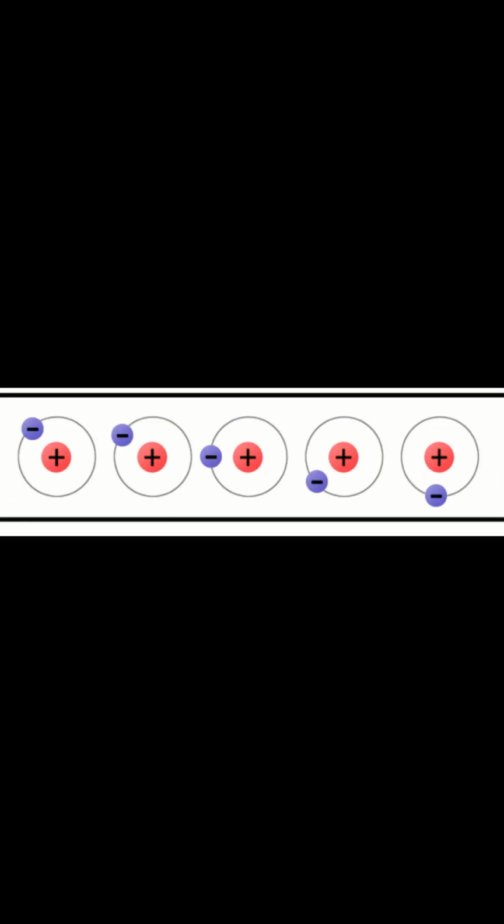Each time a ball enters one end of the pipe, another ball is forced out of the other end. This principle is also true for electrons in a wire. There are billions of electrons in a wire. If an electron enters one end of the wire, another electron is forced out of the other end of the wire.